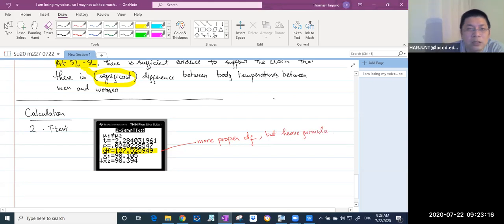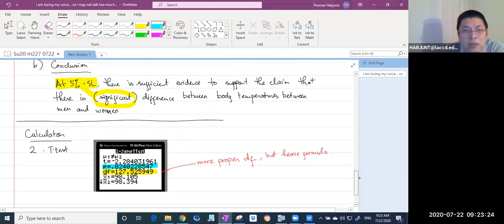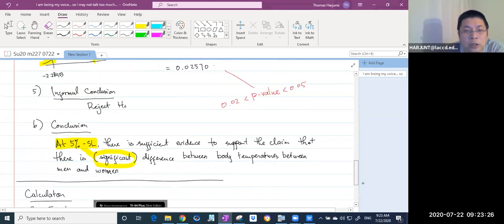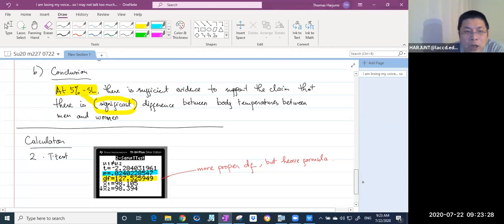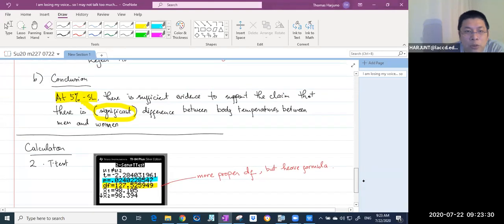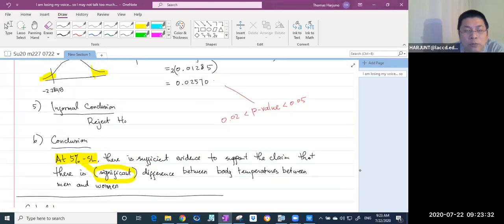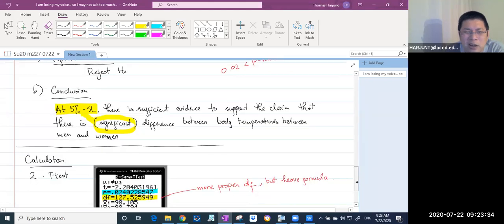Now the thing is, take a look that our p-value still gives us the same conclusion, right? I don't want to say that our p-values are very close, 0.024 and 0.0257. They are not equal.